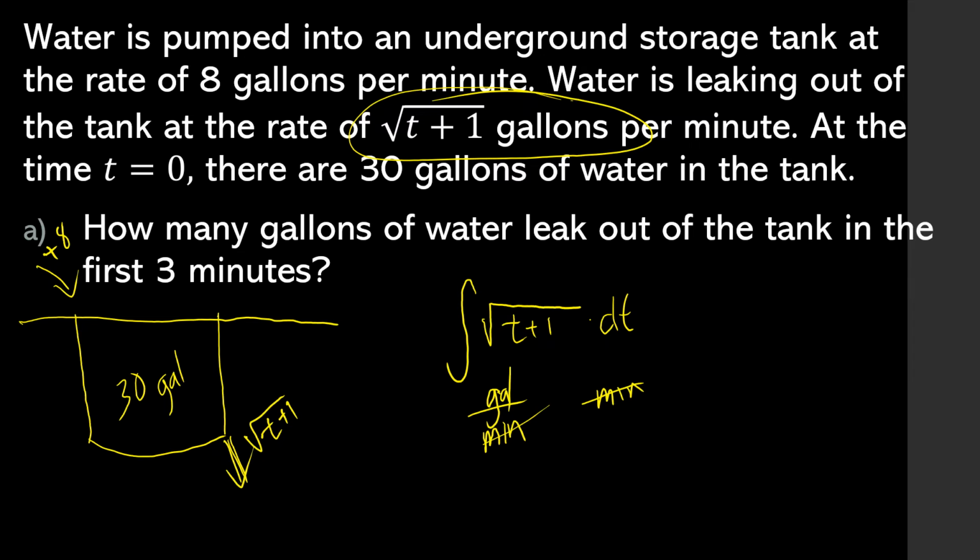Definitely gives us the gallons we want. Okay. And this is an indefinite integral for now, but we're going to have a definite integral from 0 to 3. Okay, I'll let you work on the calculus there. Just put that into your calculator.